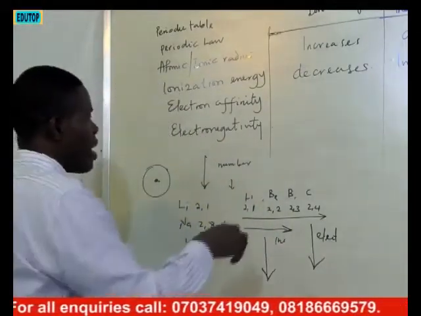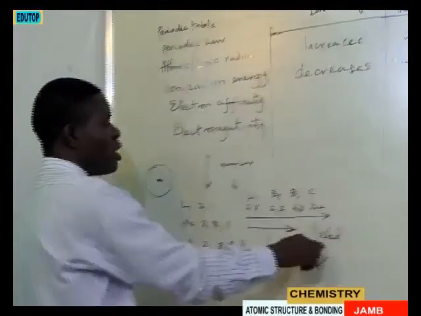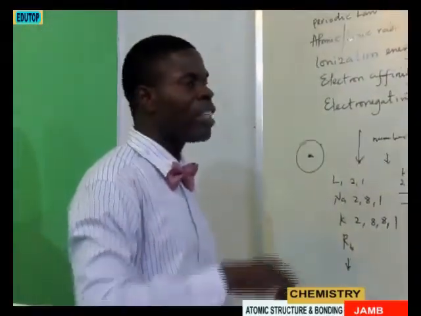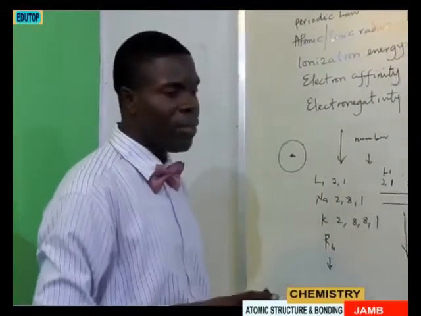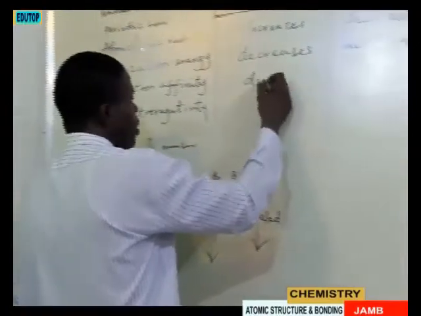And since that shows that affinity for electron is what? Lesser as you are moving down the group, affinity for electron becomes lesser.